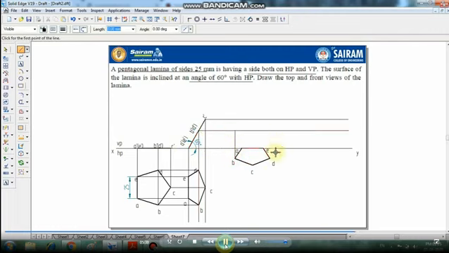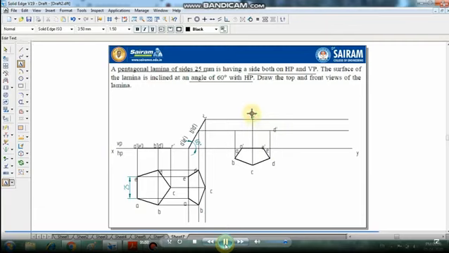Next we will see B to B dash, D to D dash and C to C dash. Text it. A and E are already there, so A dash, E dash is the point. D dash, C dash and B dash.